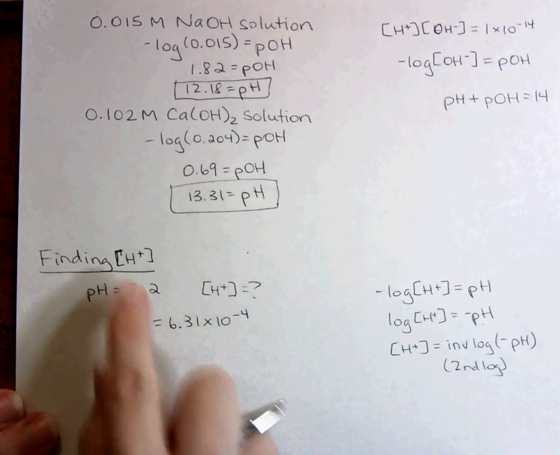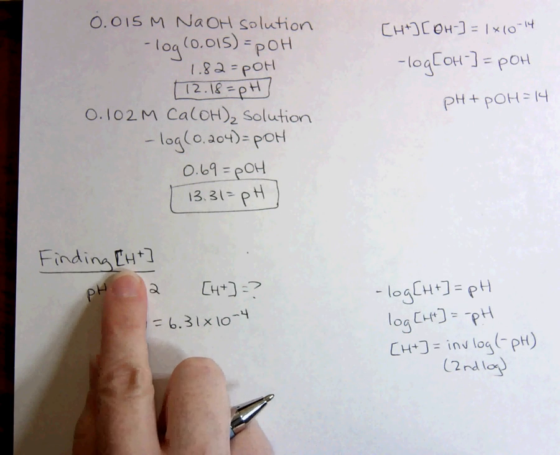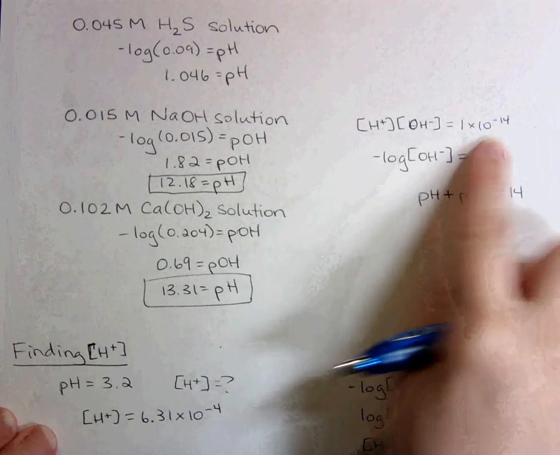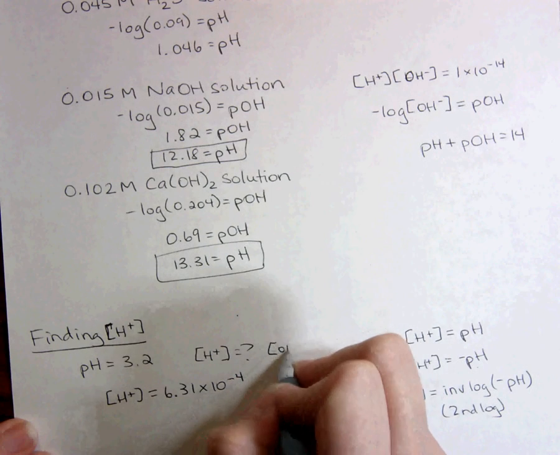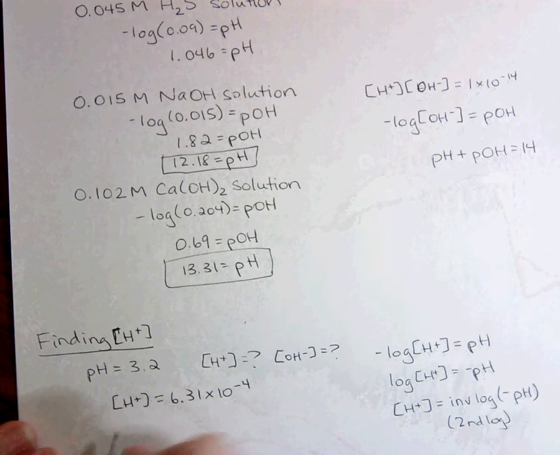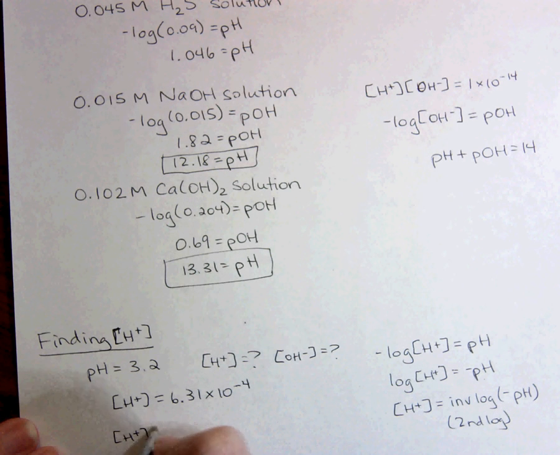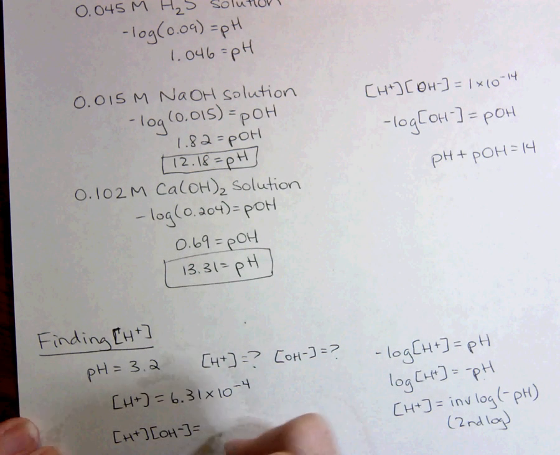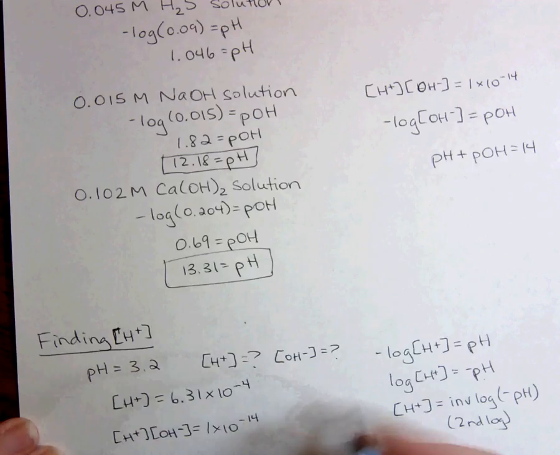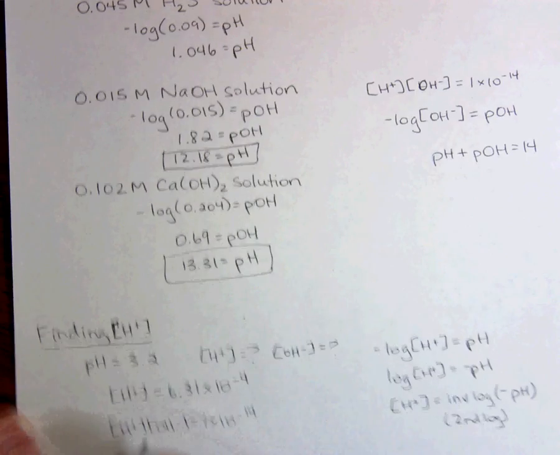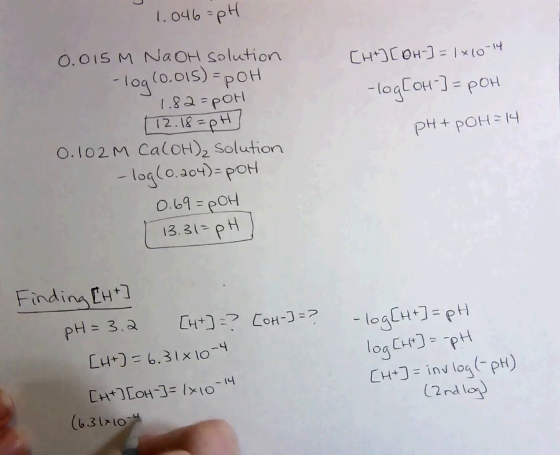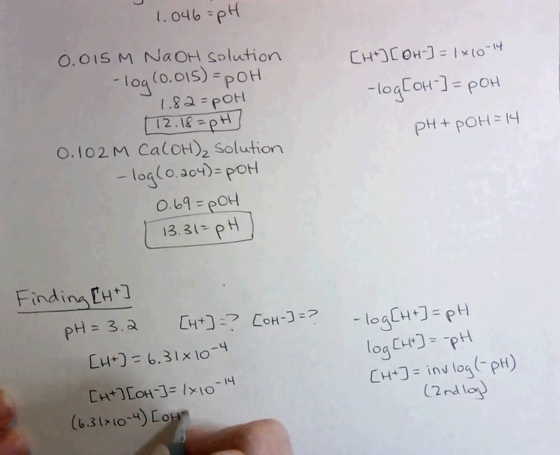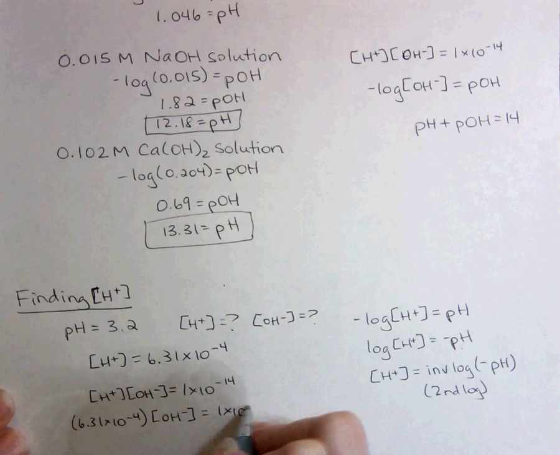If you need to find the OH concentration, then you're going to do this part up here. So if I wanted to find my OH negative, I'm going to use this. So I know that my H plus times OH negative equals 1 times 10 to the negative 14th. I know this is my H plus because I just solved for it. So 6.31 times 10 to the negative 4th times my OH negative concentration equals 1 times 10 to the negative 14th.